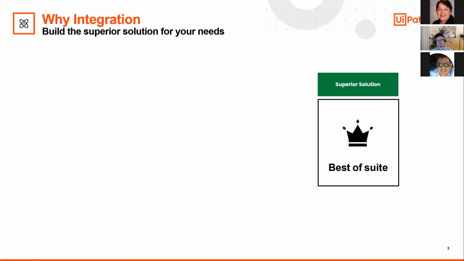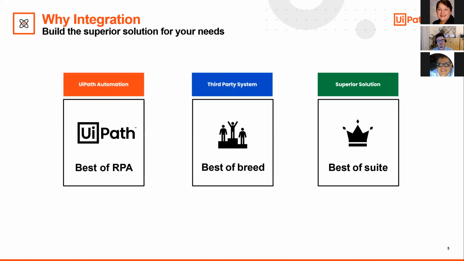But unfortunately, there is no company out there which does it all for a larger enterprise. So what you typically do is take best of breed and combine it in order to get something similar to best of suite.